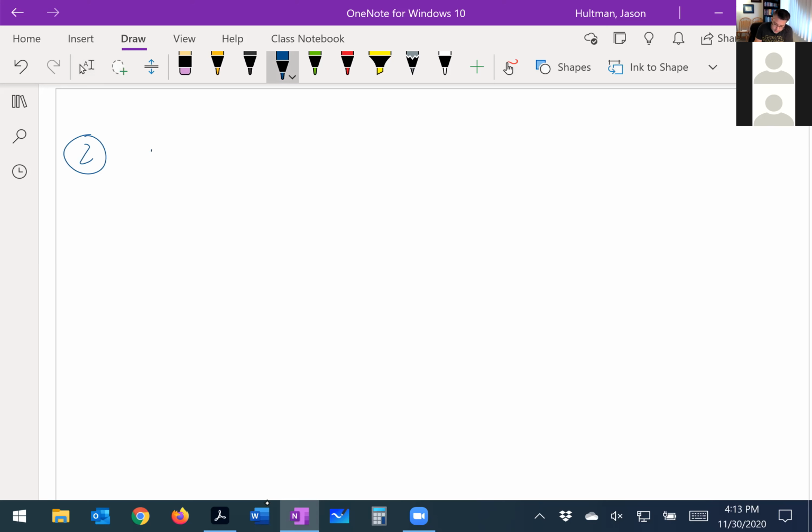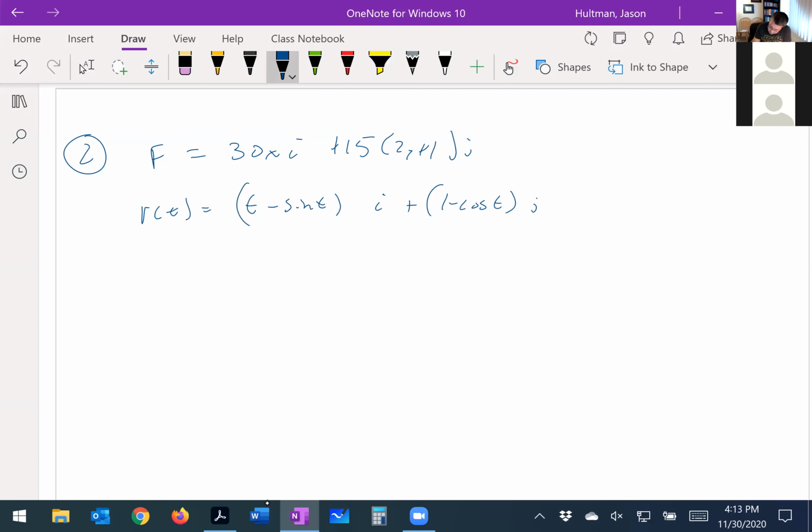Okay, well, let's see. The hard way is to say that we have F equals 30x i plus 15 times (2y plus 1) j, right? And then we have r of t equal to (t minus sine t) i plus (1 minus cosine t) j when t goes from 0 to 2 pi.